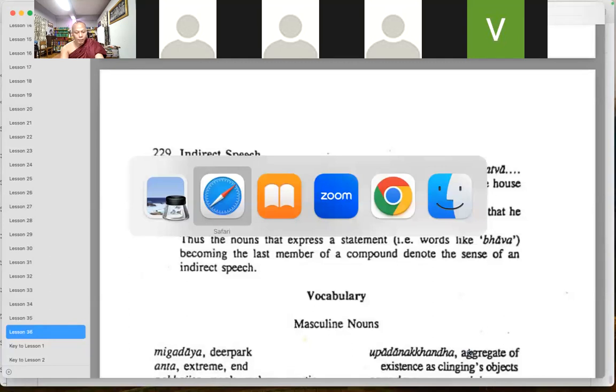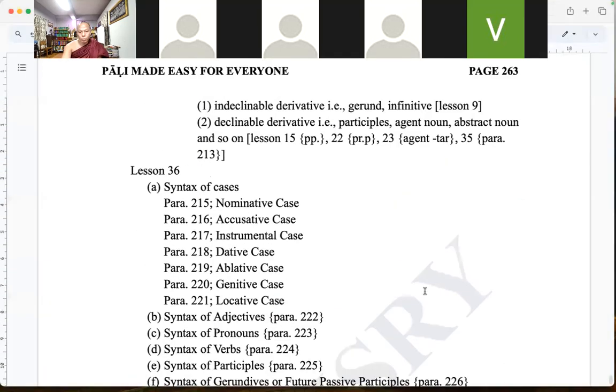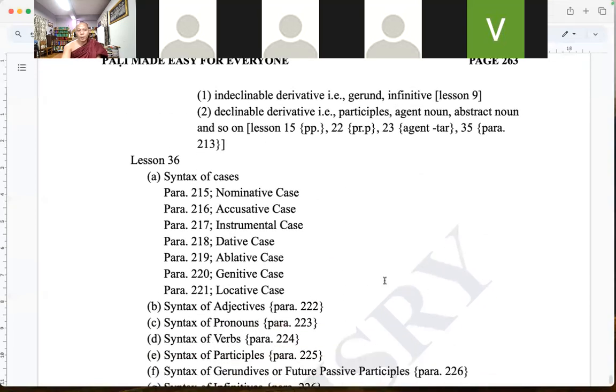So this is a summary of lesson 36, how the parts of speech in Pali are used. That is explained in lesson 36.